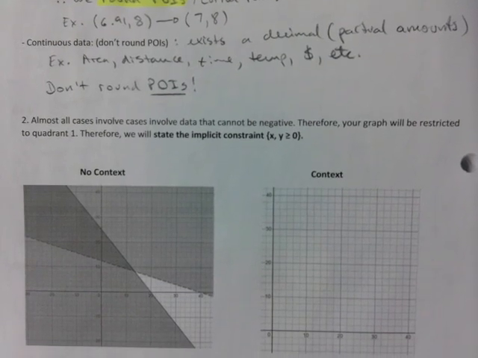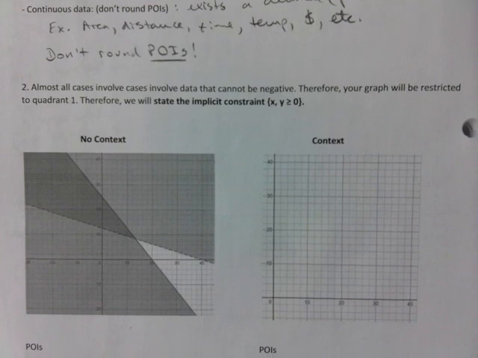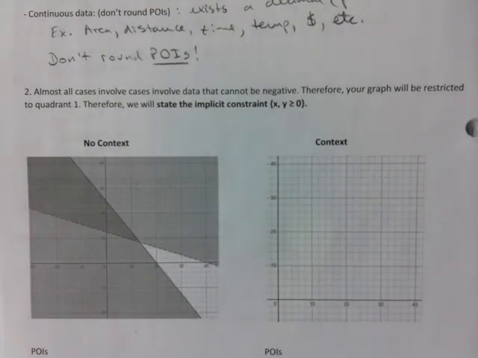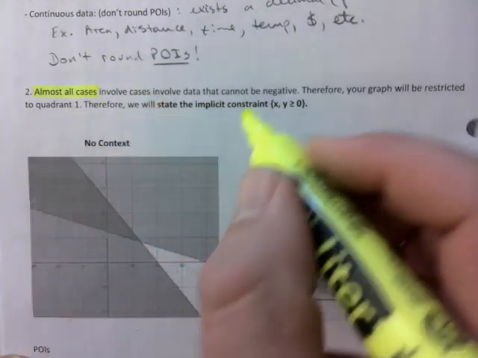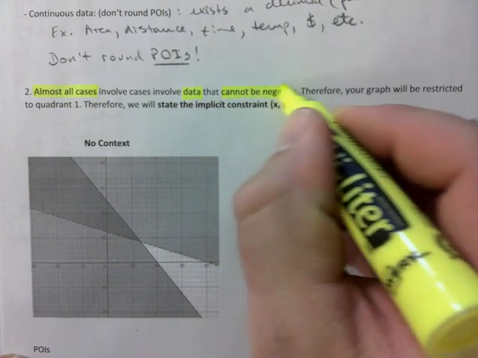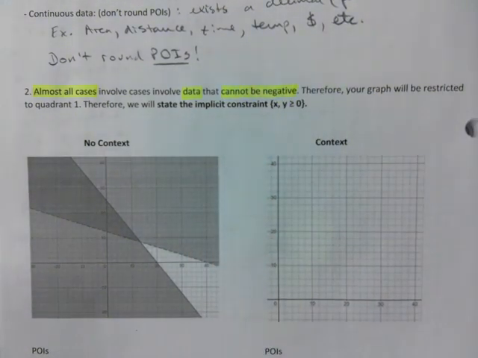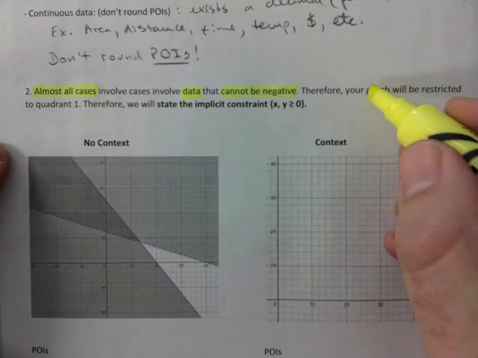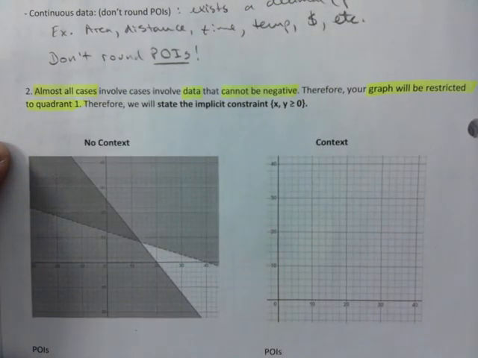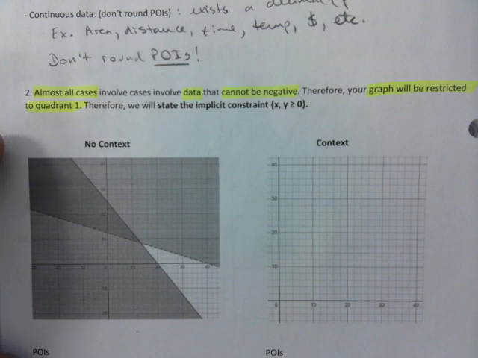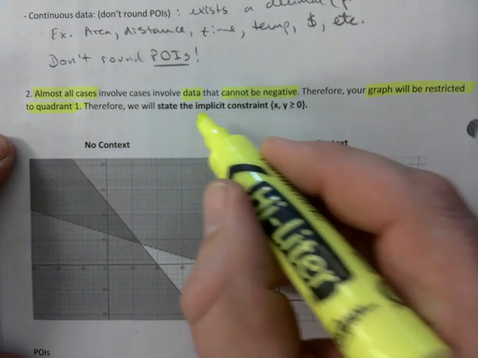Next, we have a thing that we need to consider, just like we did in the quadratics unit. Almost all cases involve data that cannot be negative. Therefore, your graph will be restricted to quadrant 1, right? And therefore, we will state the implicit constraint.